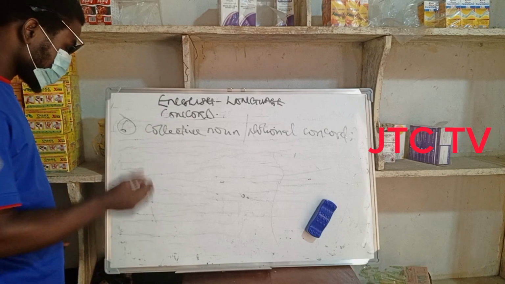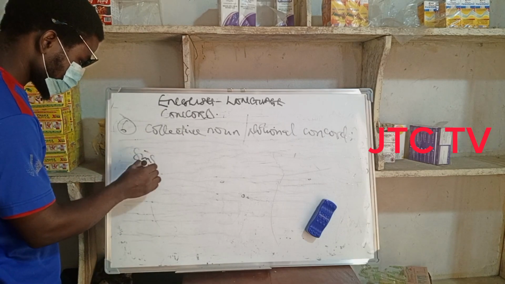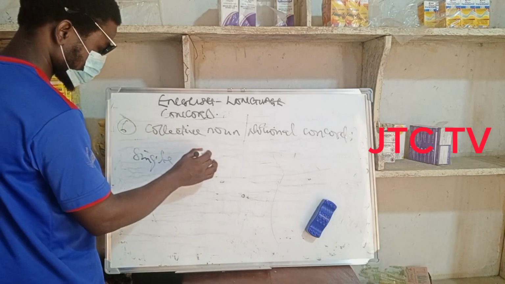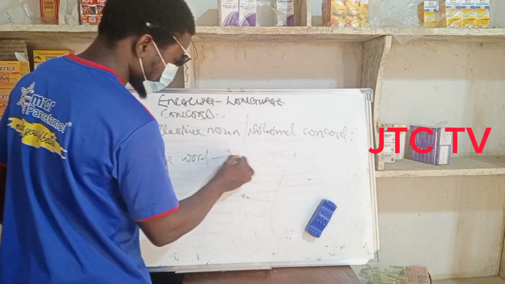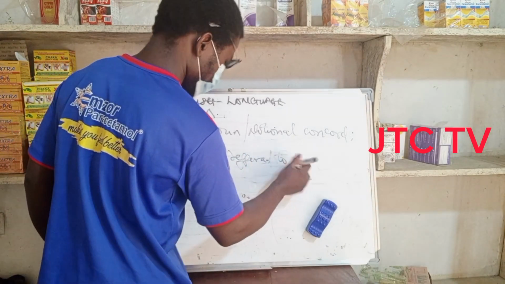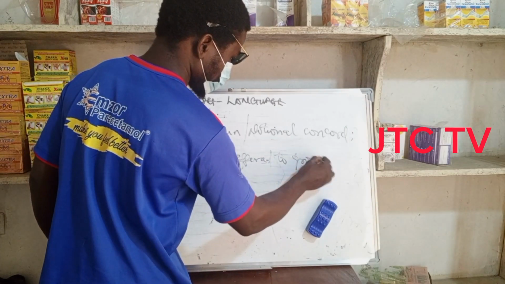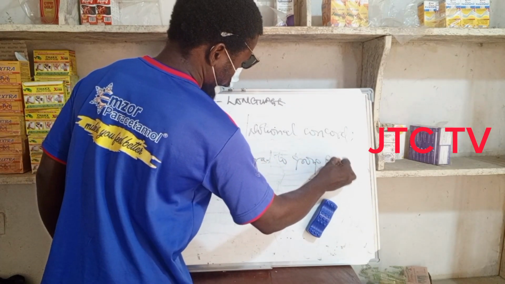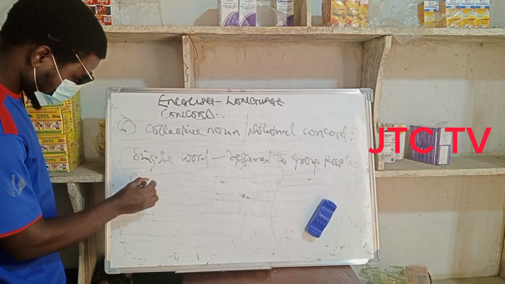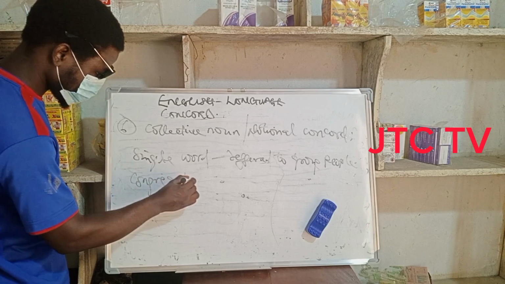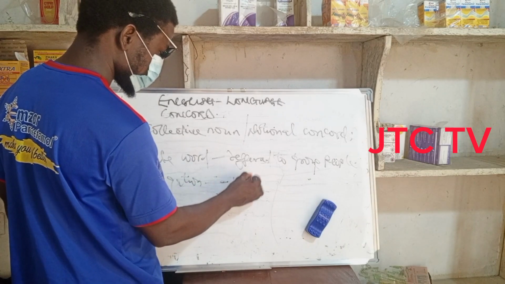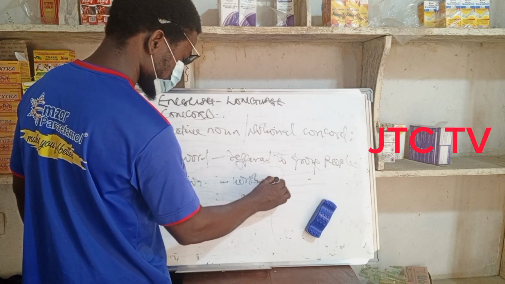A collective noun refers to a single word referring to a group of people. For instance, congregation is referring to a group of worshippers.